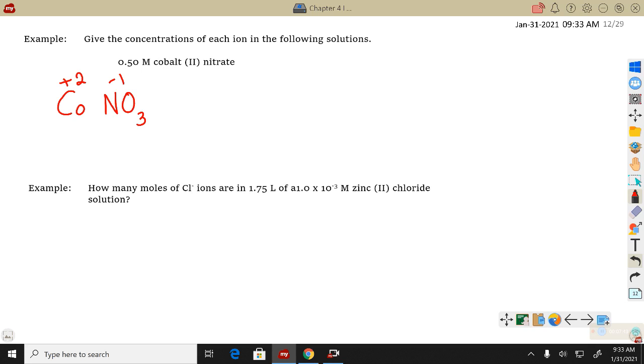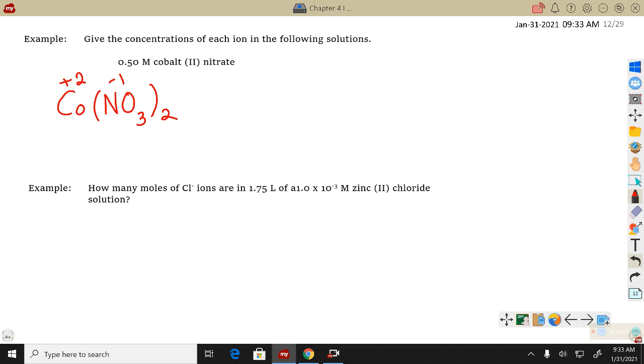But it's been a while since we've had to write a lot of formulas and use these polyatomics. So if you've just flipped back a little bit, they're on that solubility table. Most of them that we'll run into are on there. And so for a while, if you got to look it up, there's no harm in that. I need 2 nitrates to make this neutral, +2 -2.